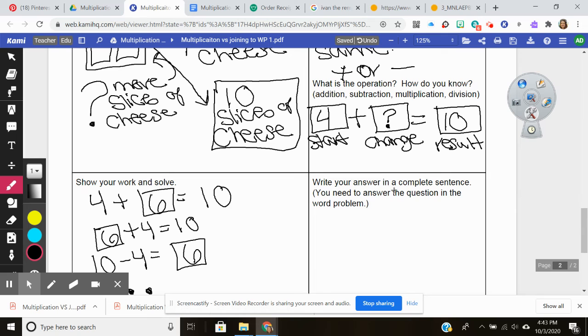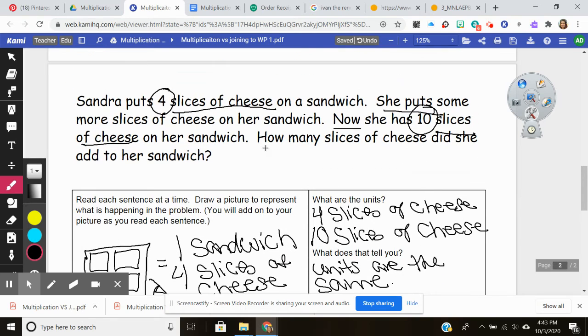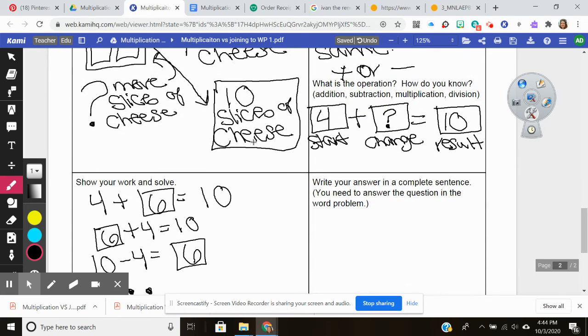So now I need to write my answer in a complete sentence. Here's my question. How many slices of cheese did she add to her sandwich?